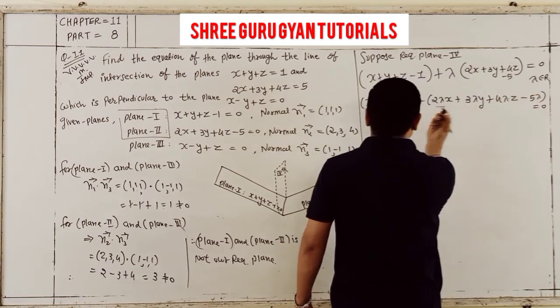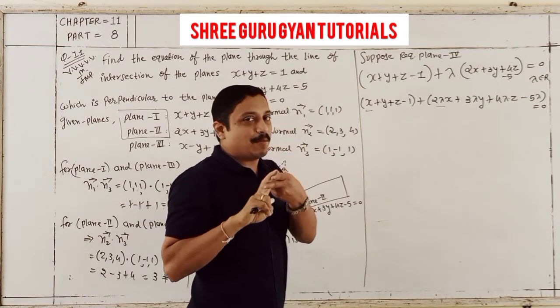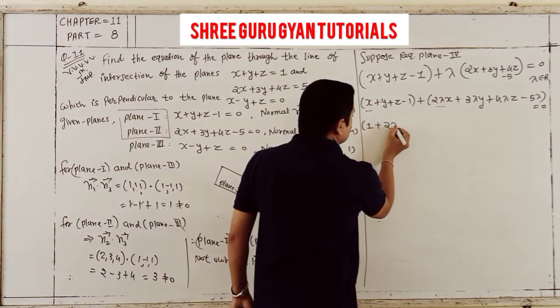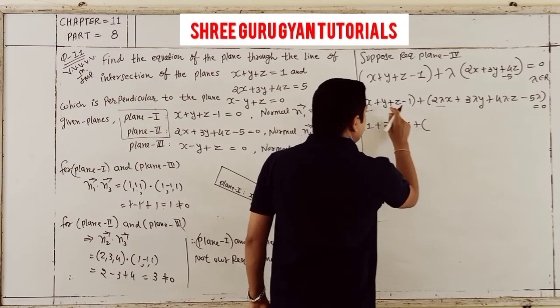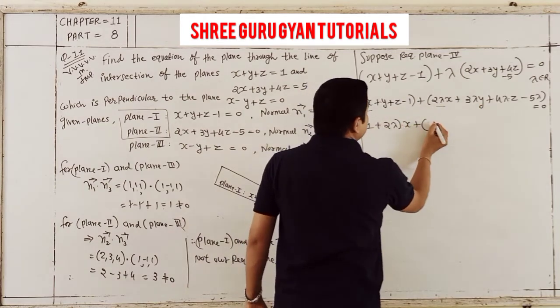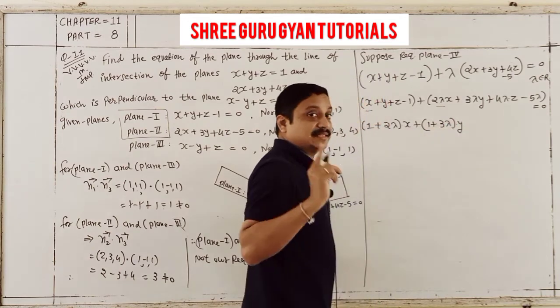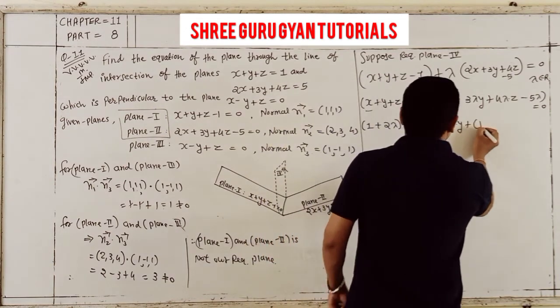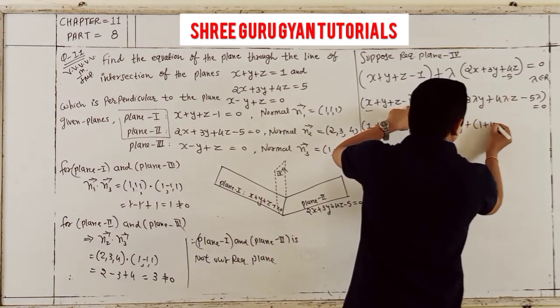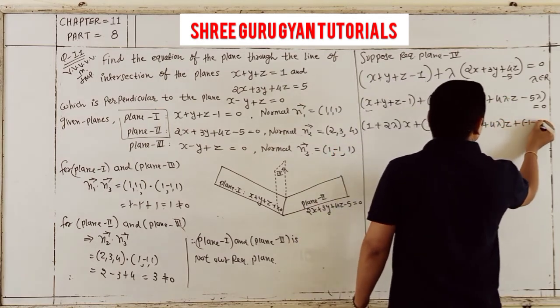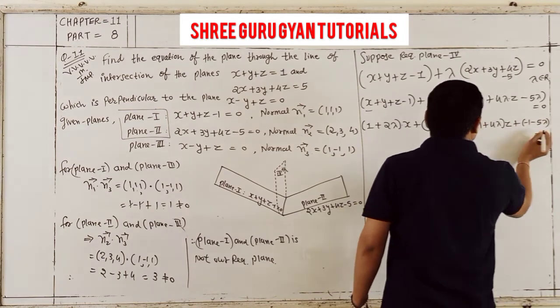This x and this x you combine as common: 1 plus 2 lambda x. Same for y, 1 plus 3 lambda y, and similarly z, 1 plus 4 lambda z. And the constant is minus 1 minus 5 lambda, equal to 0.